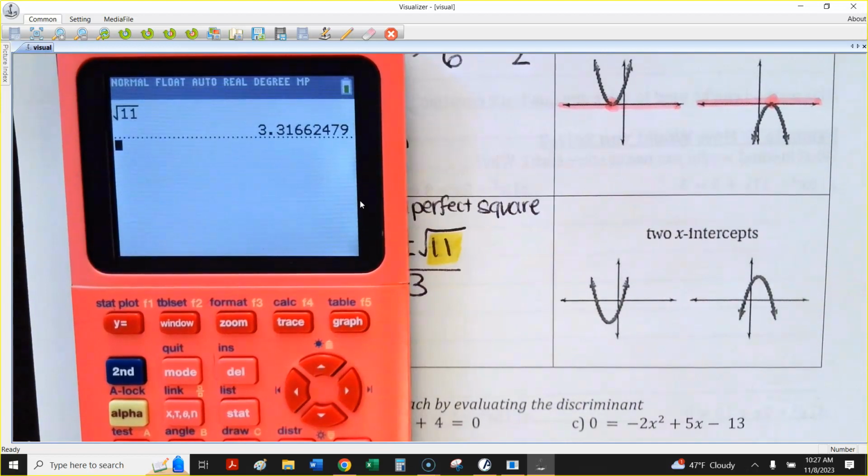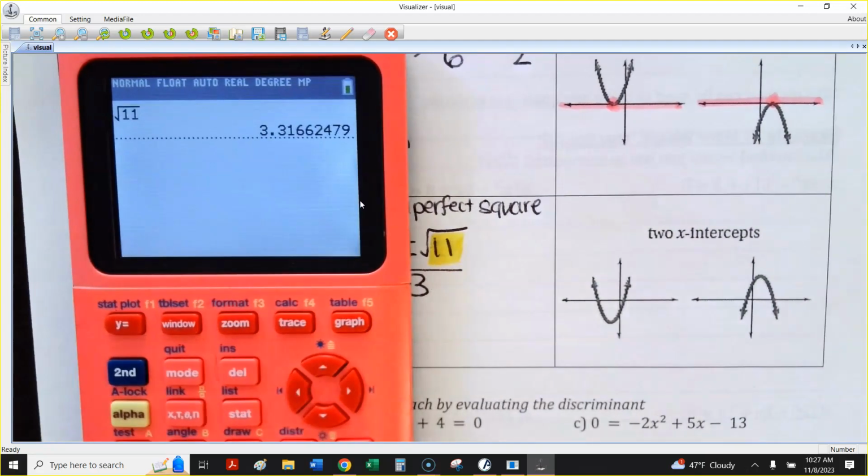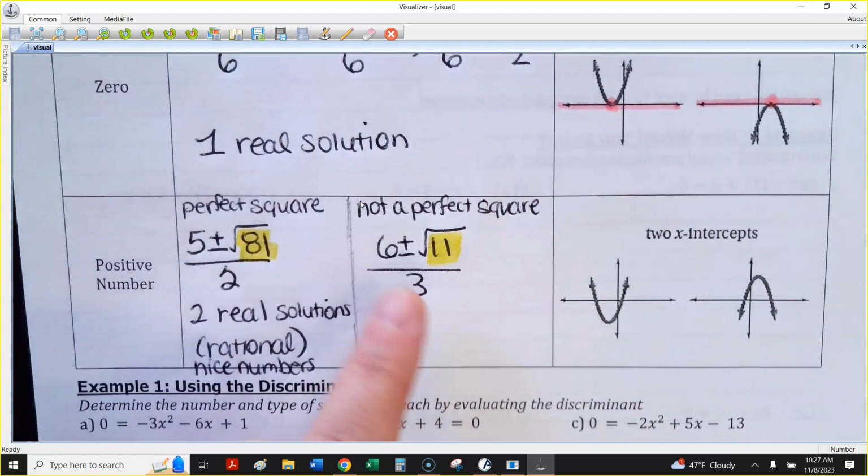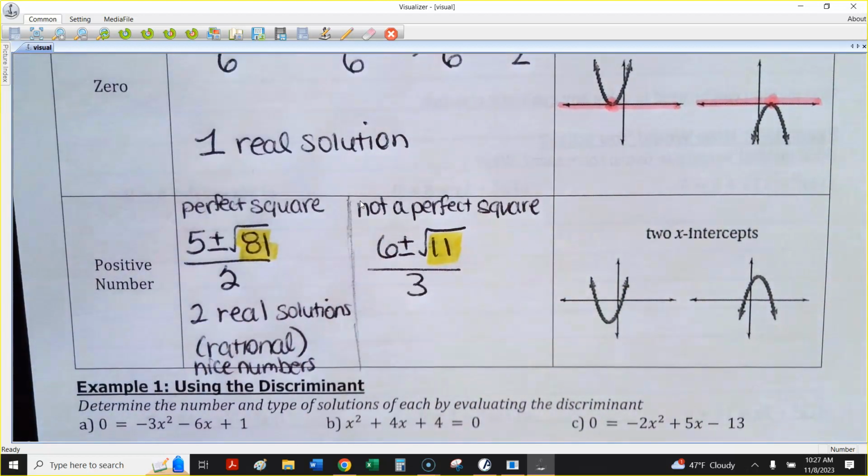It's not a nice number. It cannot be written as a fraction. So this is what we call an irrational number.